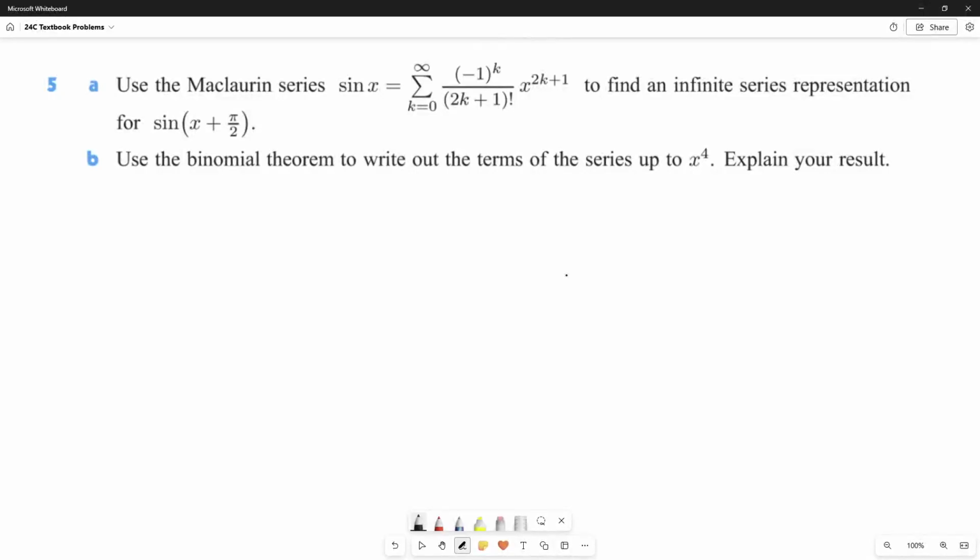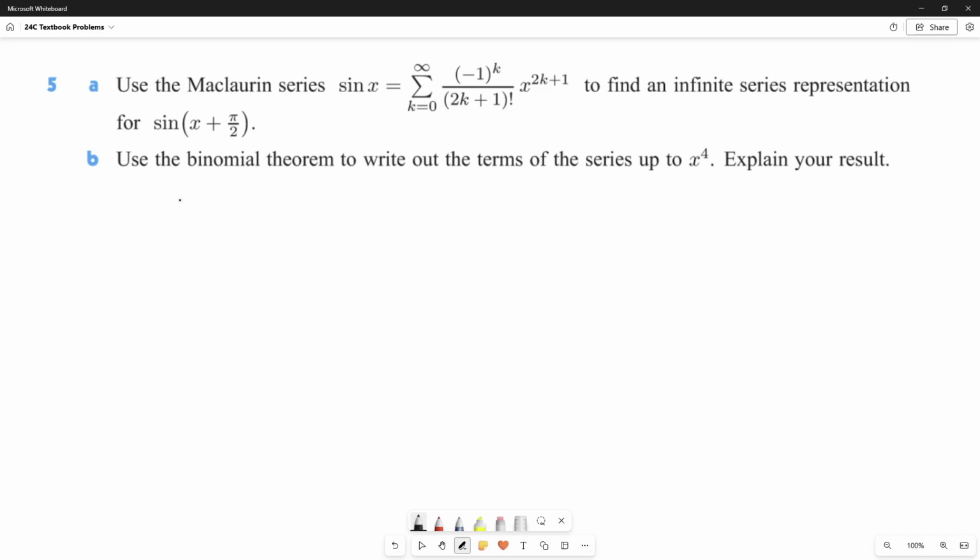So number 5, part A says use the Maclaurin series sin x equals the sum from k equals 0 to infinity of that to find an infinite series representation for sine of x plus pi over 2. So for this one, again, you just substitute something for x, and in this case, you substitute x plus pi over 2 for x.